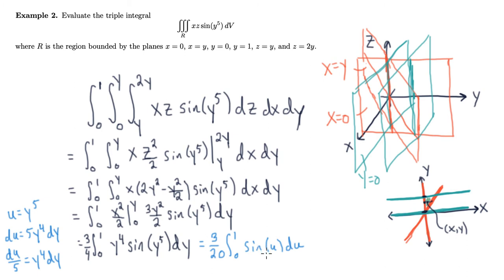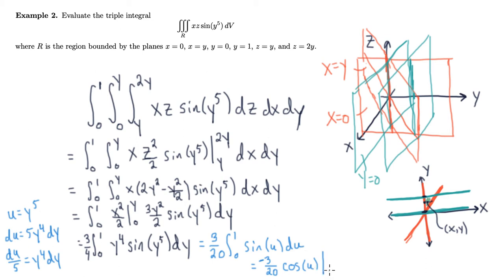All right, so then let's just evaluate an antiderivative. So we have 3 over 20, and an antiderivative is going to be cosine of u, but we're actually going to pick up a negative sign because an antiderivative of sine is negative cosine.